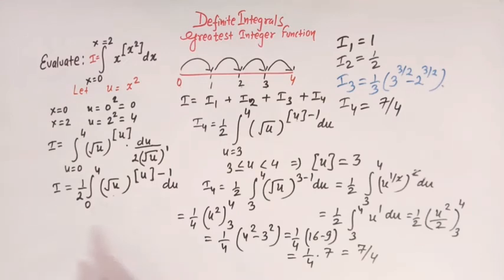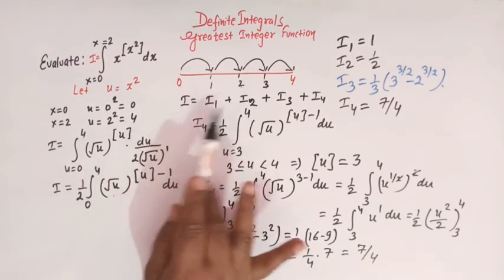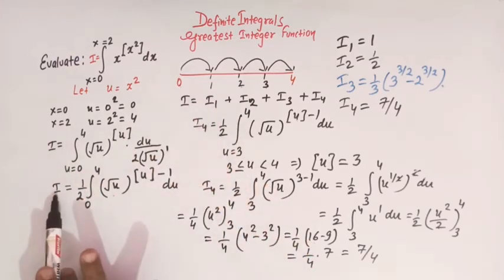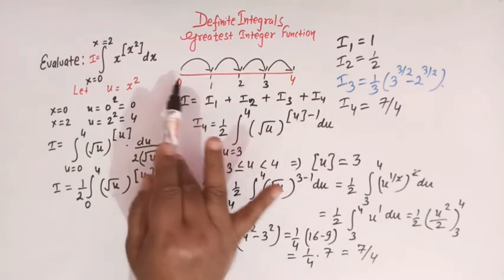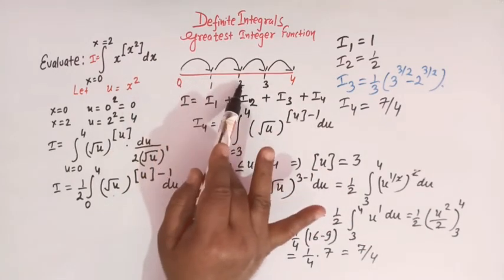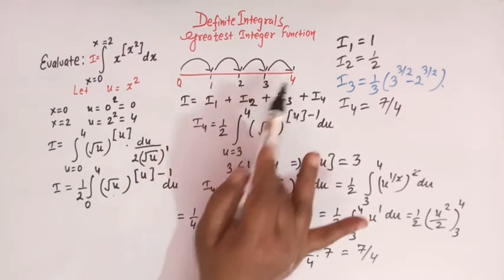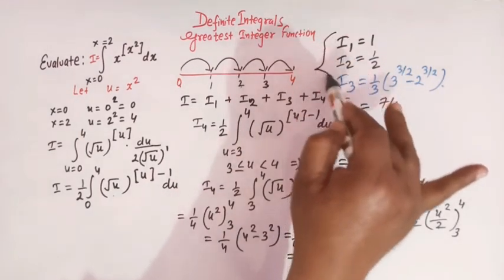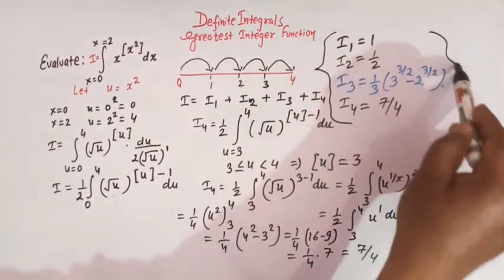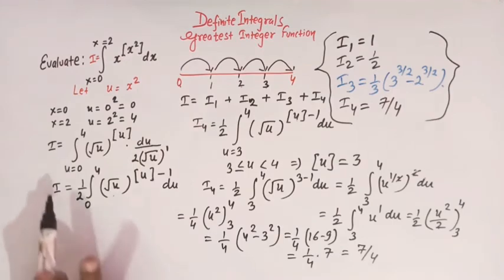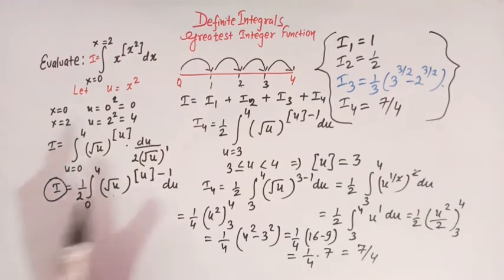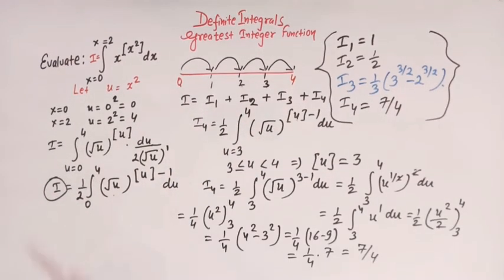So viewers, this integral I, we have broken this integral I into 4 integrals from 0 to 1, 1 to 2, 2 to 3, and 3 to 4, and the values of the 4 integrals are written over here, right? Now the value of this integral I is the sum of these 4 integrals.